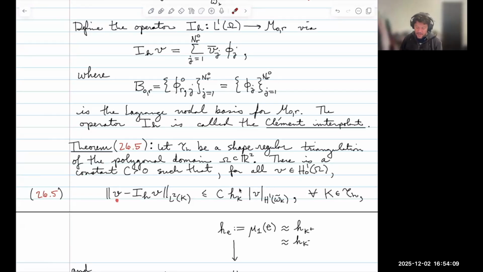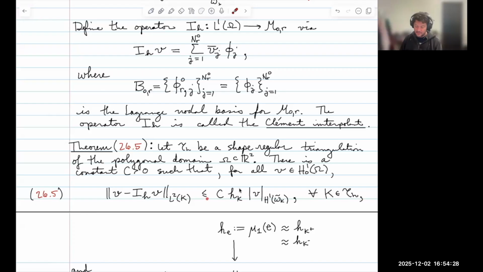And I can measure its error, the difference between v and its interpolant. We're using the Clément interpolant from above, and the difference between v and its Clément interpolant is what we call the Clément error. We measure that in the L2 norm over a triangle K in our mesh.